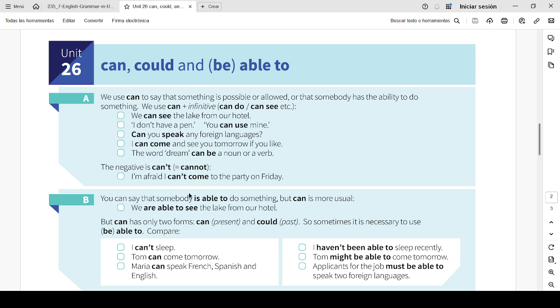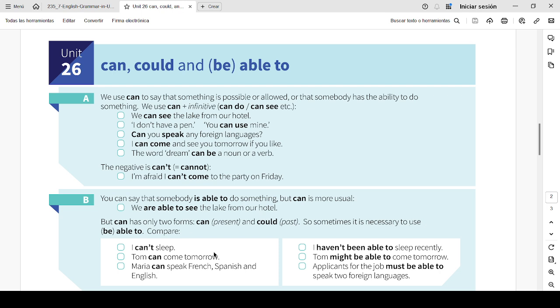Basically, it has the same meaning as can, but there are specific scenarios where you cannot use one of them. Can has only two forms, can for the present and could for the past. So sometimes it is necessary to use be able to.